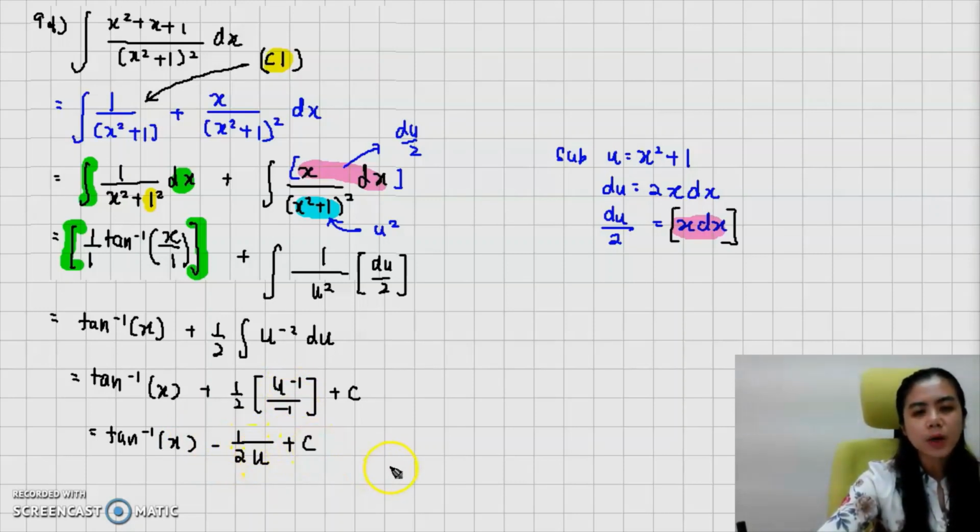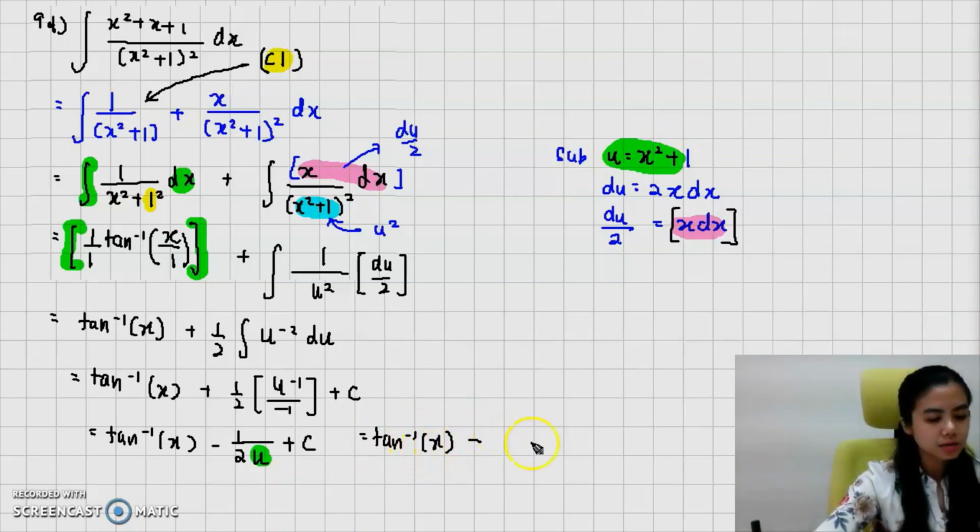And don't let your answer stop here, because your answer should be in terms of x, right? So you have to change it back, to trace back where this u comes from. This is coming from the substitution. So change it back, and we will have tangent inverse x minus 1 over 2, where the u here is x squared plus 1, plus c.